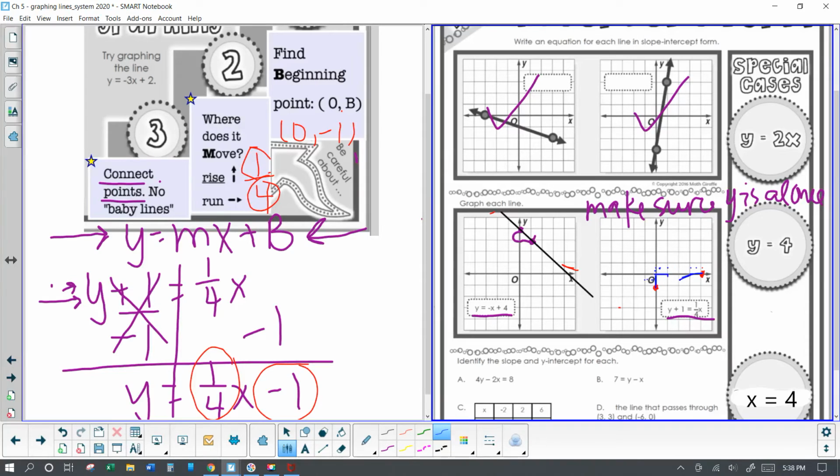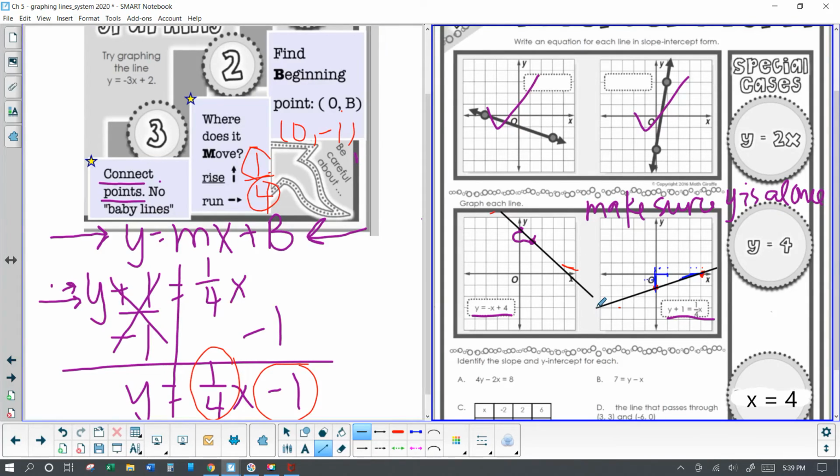It makes that step between one box up and 4 boxes over to the next point. And then all I have to do is take my ruler and draw in my line. And I want to go all the way through the graph so I can see where that line goes. No baby lines. Connect those 2 points and just use your ruler to draw a line all the way across the graph. That's what we want.